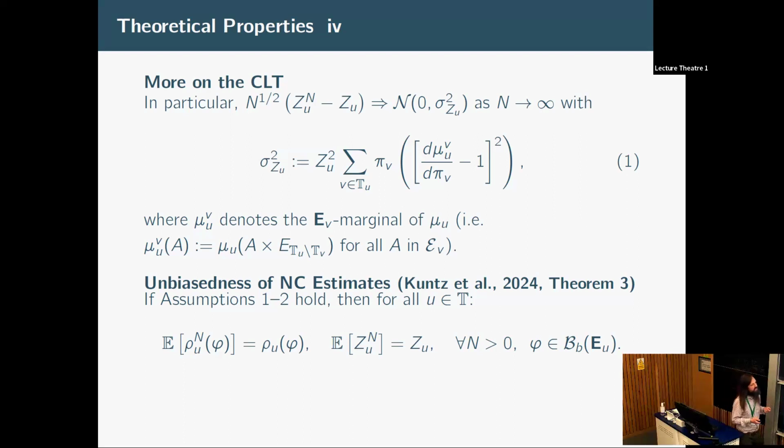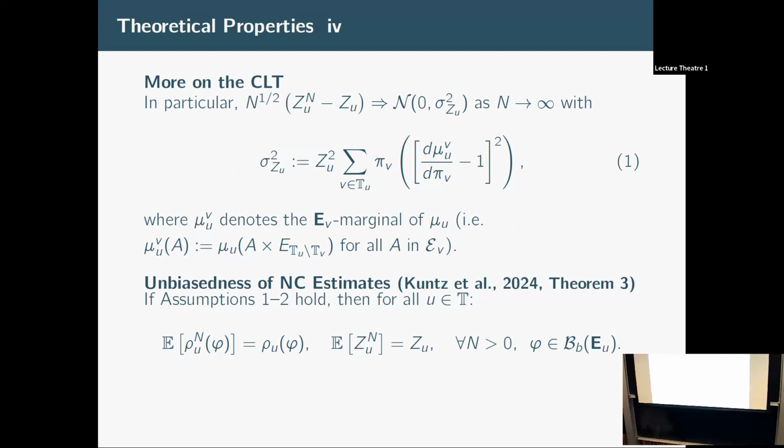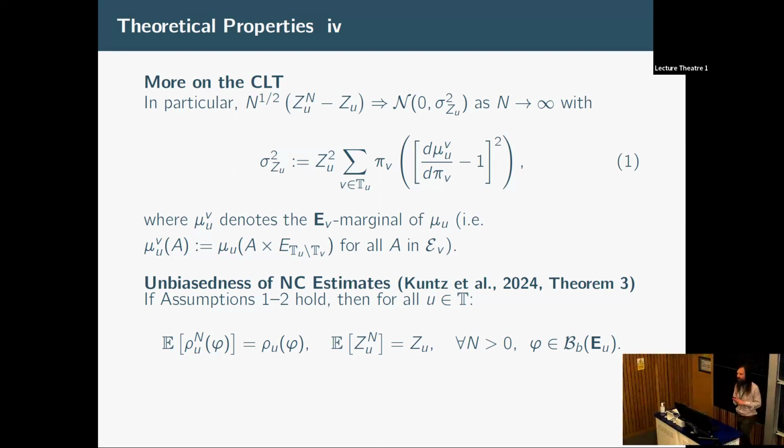And the normalizing constant estimates are unbiased, which, because the things you're multiplying together are independent, is probably the least surprising of things, but it's a nice property because it means if you're really masochistic, you could, for example, embed this within a pseudo-marginal algorithm to make it even more monstrous.